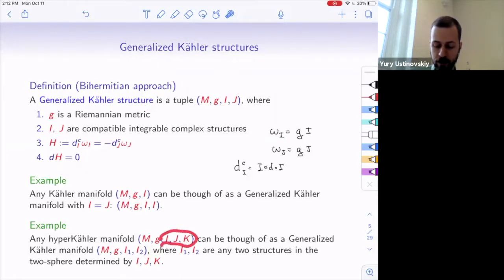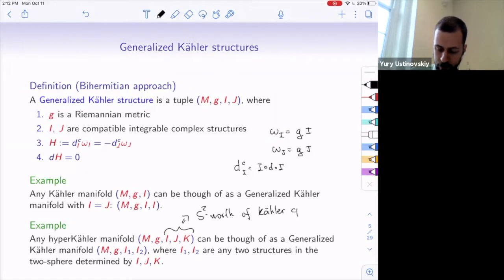I, J, and K define an S2 worth of Kähler complex structures.